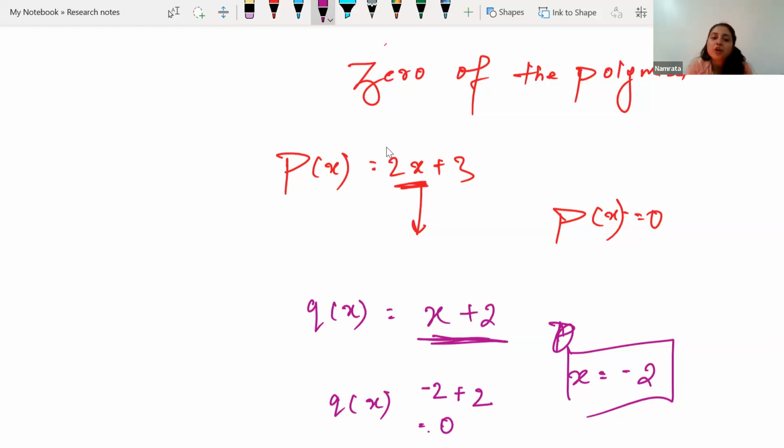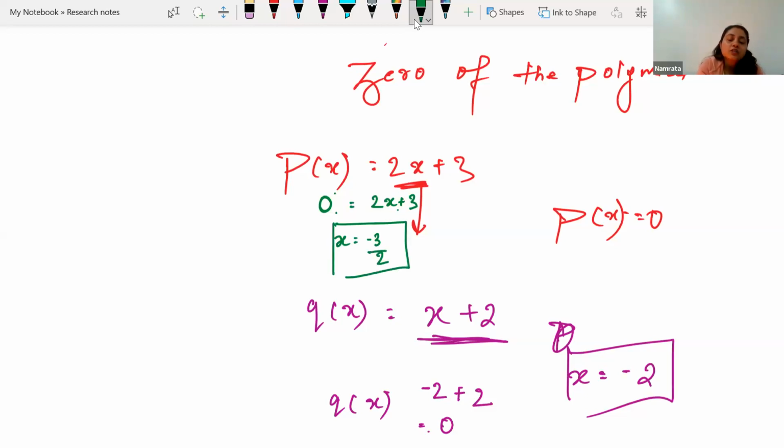But when we are having a polynomial like px is equals to 2x plus 3, in such scenario, 0 of the polynomial means you just take px as 0 and solve this equation 2x plus 3. You will be getting x value as minus 3 by 2. And this x value is called the 0 of this polynomial. The meaning of 0 is such a value of x which will make the polynomial 0.